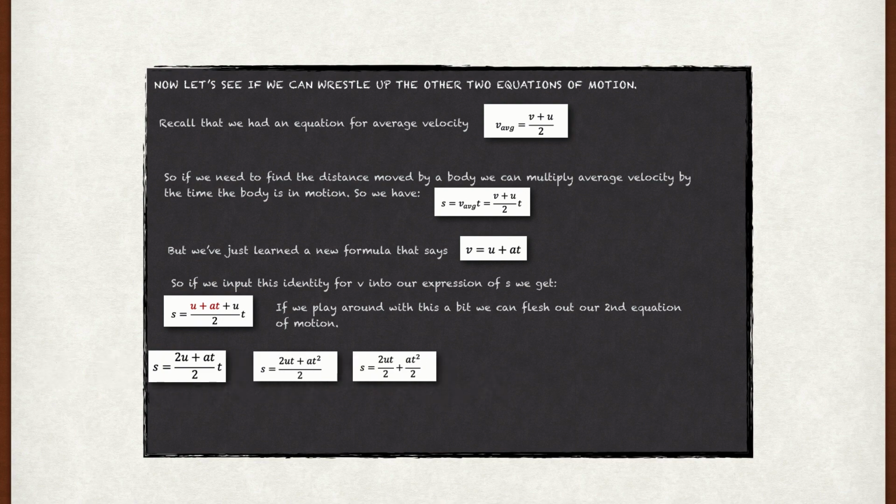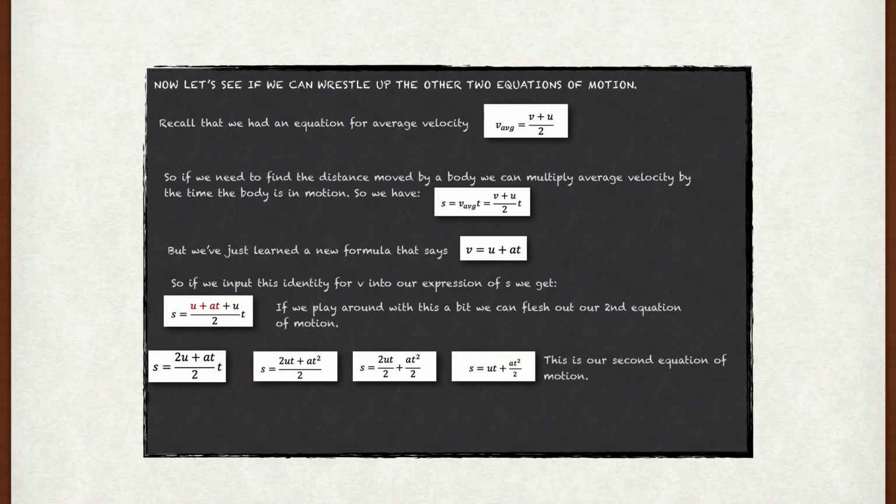And then we separate that into two separate fractions, so we get 2ut over 2 plus at squared over 2. So finally we have our brand new shiny second equation of motion, s is equal to ut plus at squared over 2. And this is our second equation of motion.